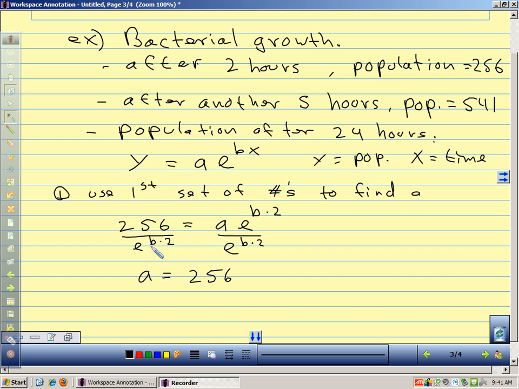Negative in the numerator. So I'm going to bring it to the top and write this as e to the minus 2b. The positive exponent in the denominator is the same as a negative exponent in the numerator. So a equals 256 times e to the minus 2b. So I figured out what a is.